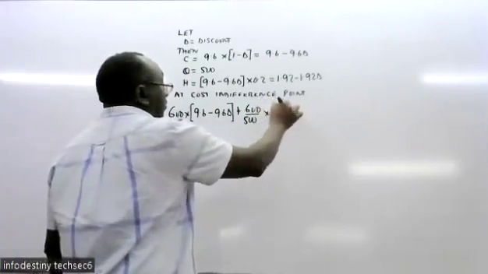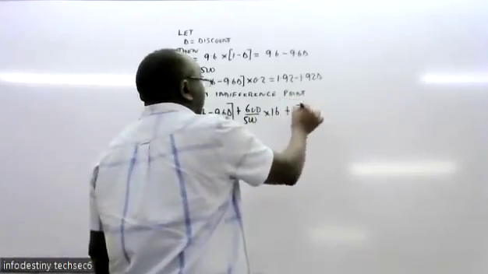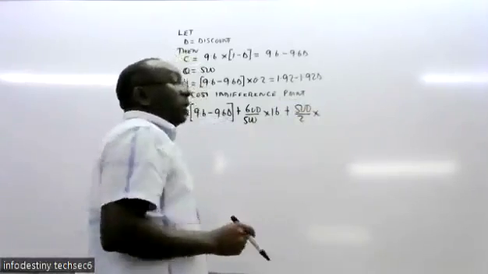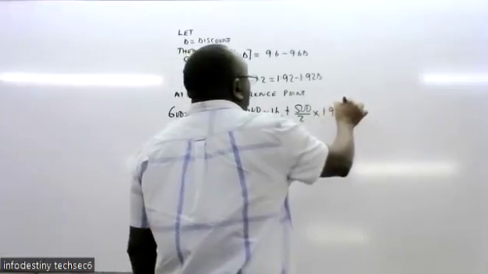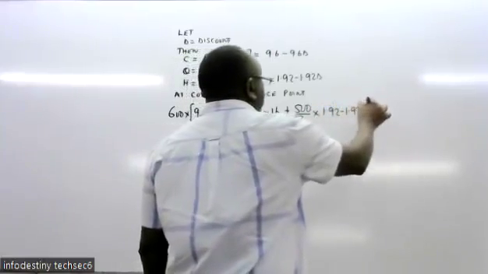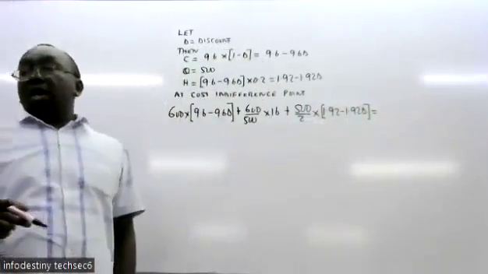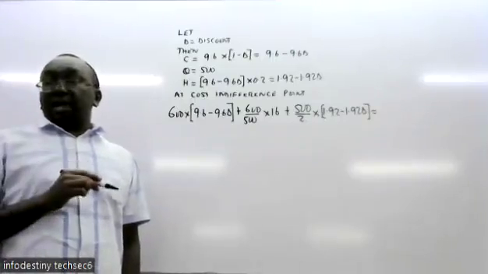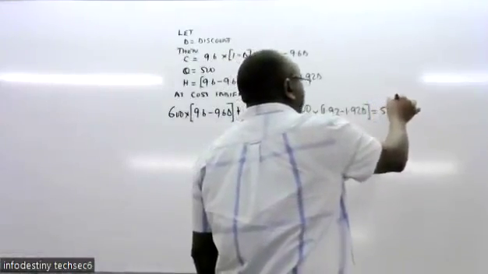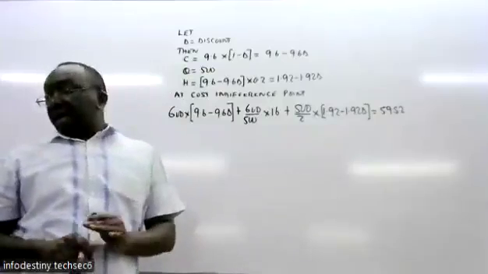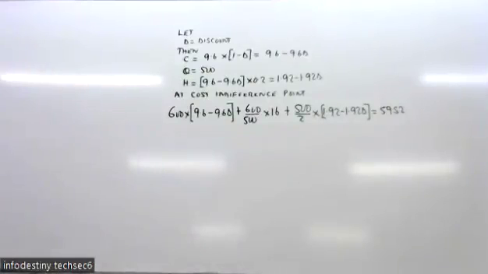Multiply by 16, plus 500, you divide by 2, multiply by H, which is 1.92 minus 1.92D. Now, if they are to be equal, we already know the cost without discount equals 59.52. So from there, solve and give me the value of D.